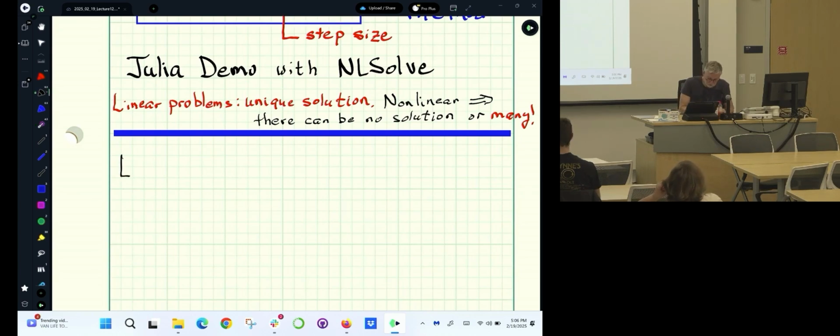So we're going to have a function that depends upon several variables, but yields a scalar.